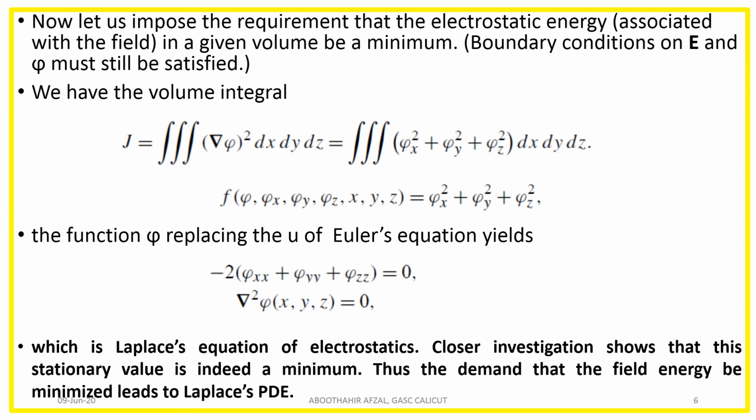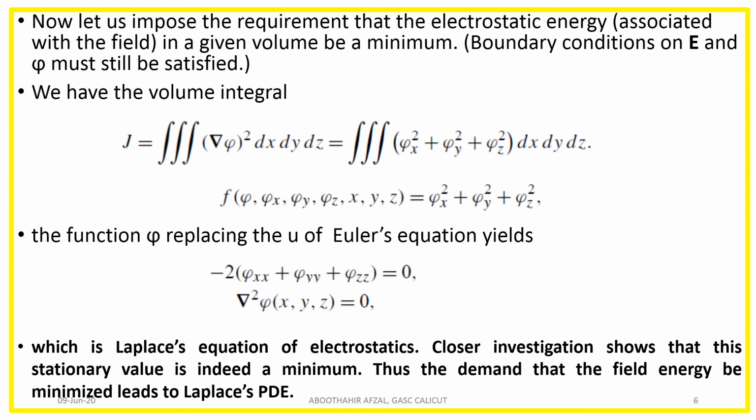That is what we have as J. So J is minimum. Here it is a three-dimensional term because it is bounded in a volume, so I take the triple integral. J is nothing but del phi squared dx dy dz, neglecting the other constants. Del phi is grad phi, which is a vector.